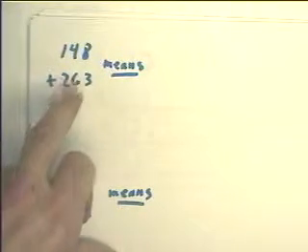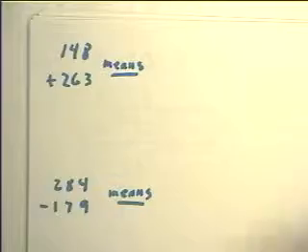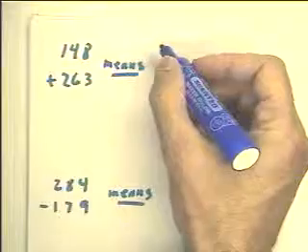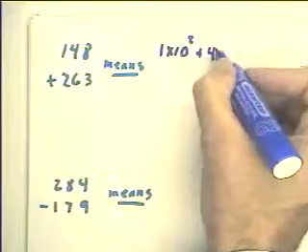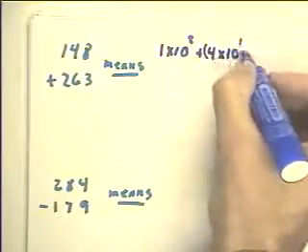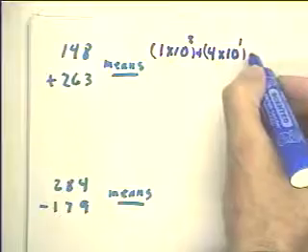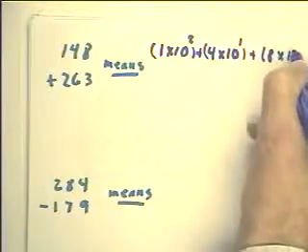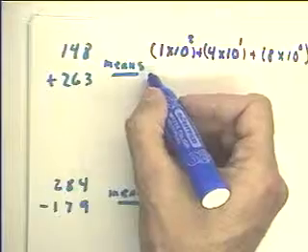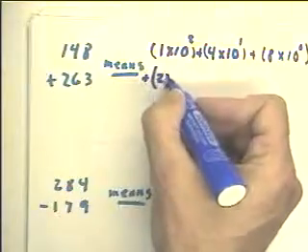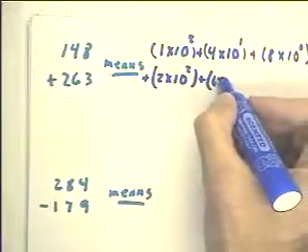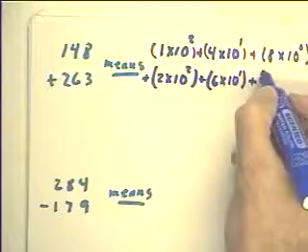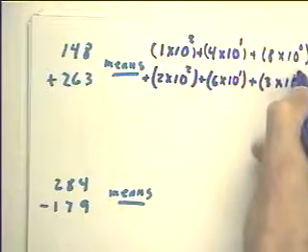For example, if we want to add 148 to 263, that means 1 times 10 to the second plus 4 times 10 to the first plus 8 times 10 to the 0, added to 2 times 10 to the second plus 6 times 10 to the first plus 3 times 10 to the 0.